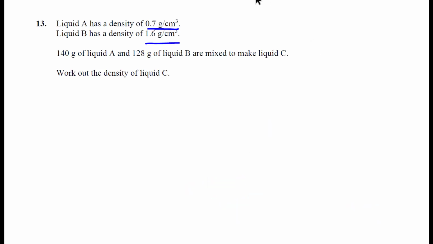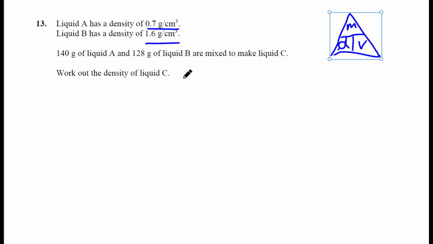So this is a density mass volume question. Now you just need to remember this triangle. Now I remember it by saying David married, so that's David Beckham married Victoria Beckham.